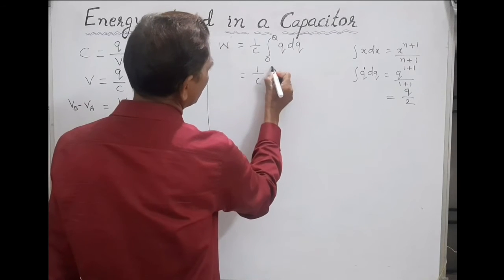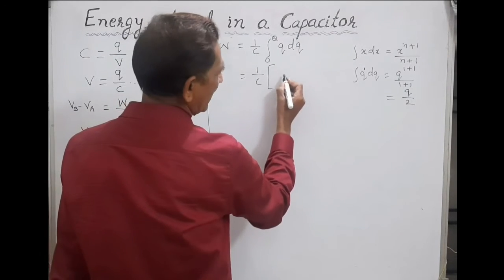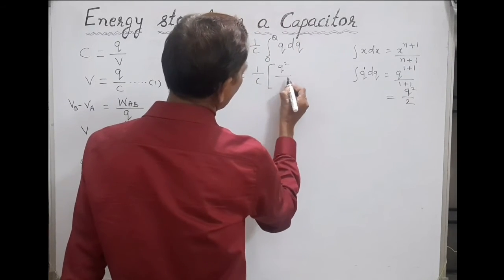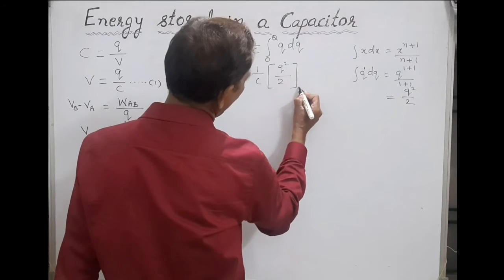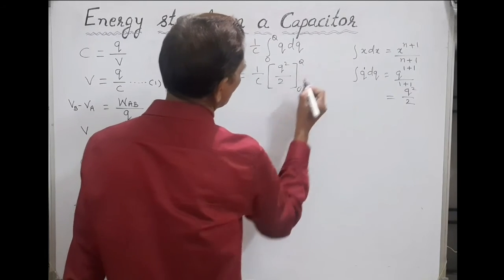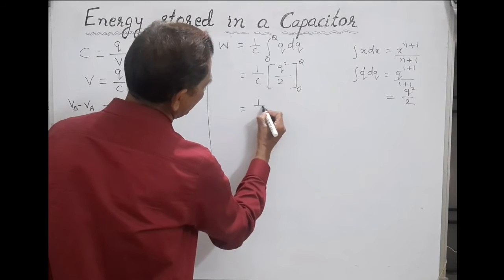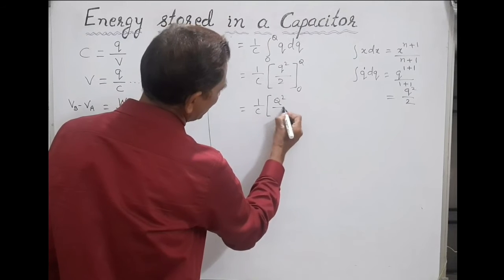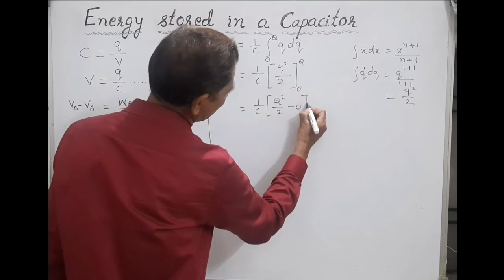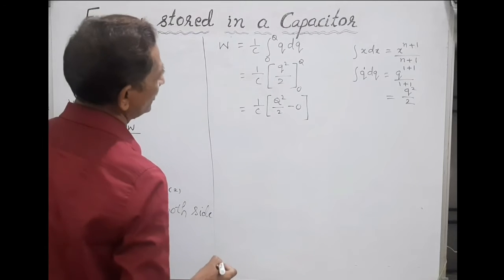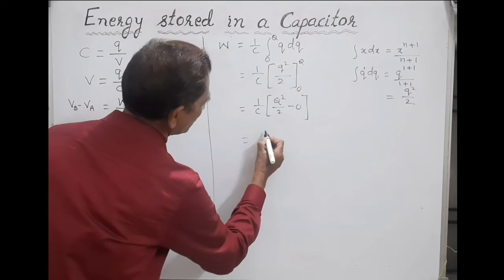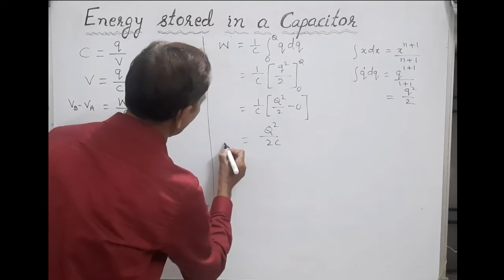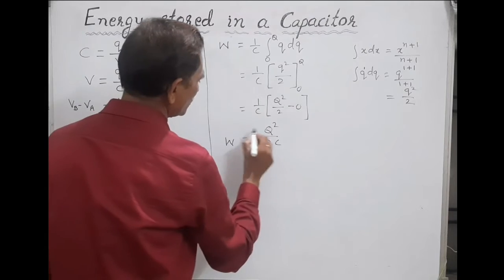Therefore, I may write this integration as q square divided by 2 under limit of 0 to q. Apply the limit: wherever q, q square by 2, and for the second limit, 0 divided by 2 is equal to 0. Therefore, the total value which we get is q square by 2C. That is, W equals q square by 2C.